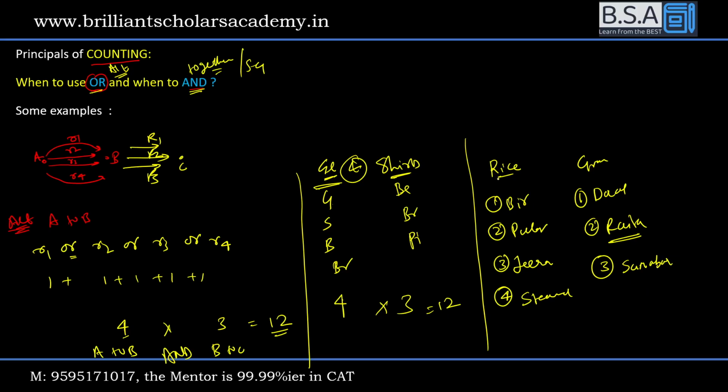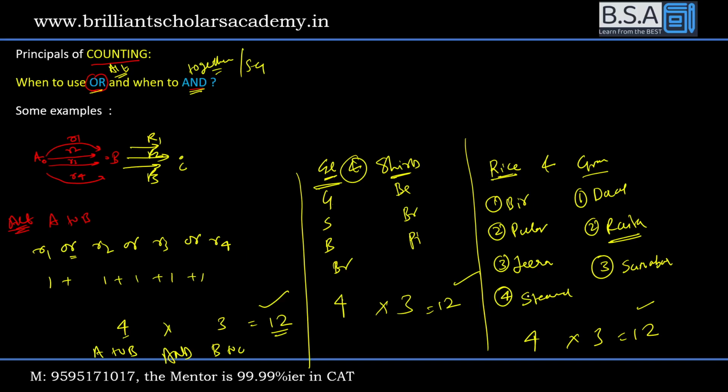So in how many ways can you have a variety of rice and a variety of gravy? And so 4 options and 3 options. See, answer to this question, and this question is same, 4 into 3. But framing of the sentence, framing of the question is widely different.